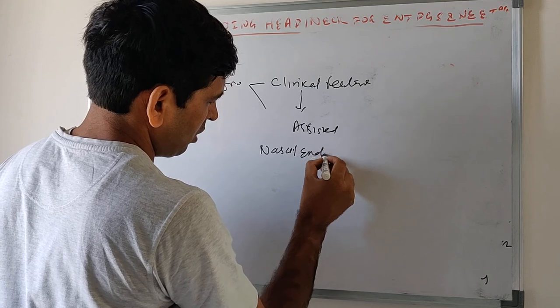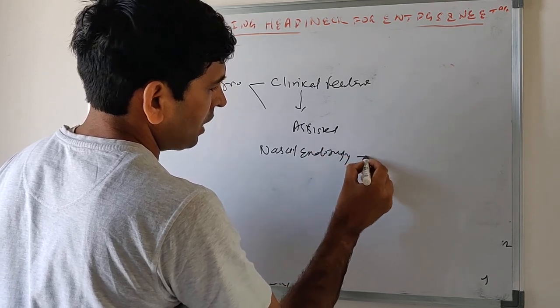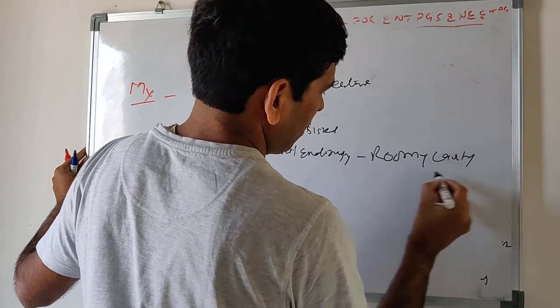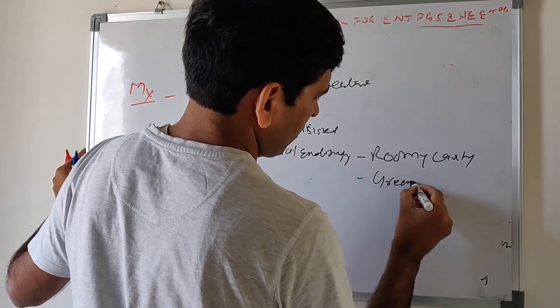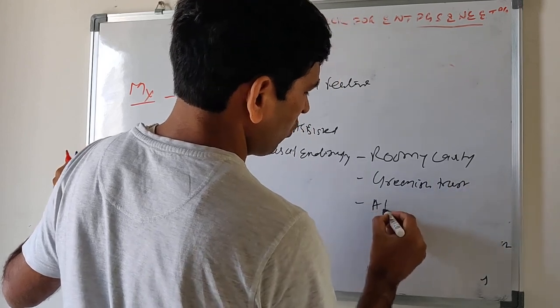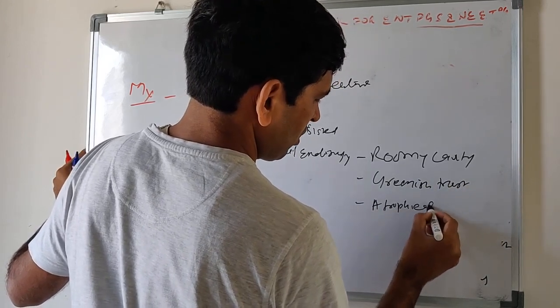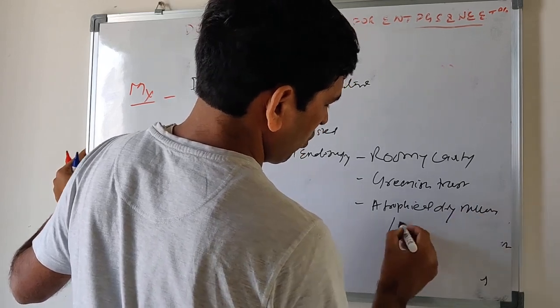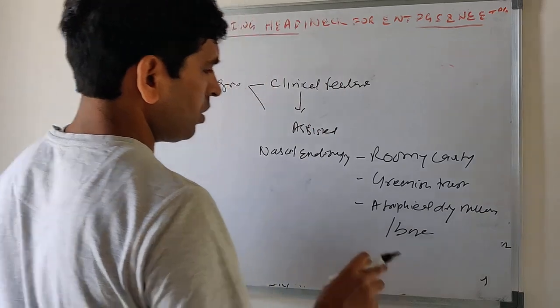On endoscopy there is a roomy cavity, greenish crust formation, and atrophied dry mucosa or bone.